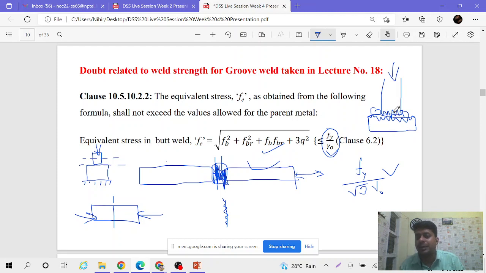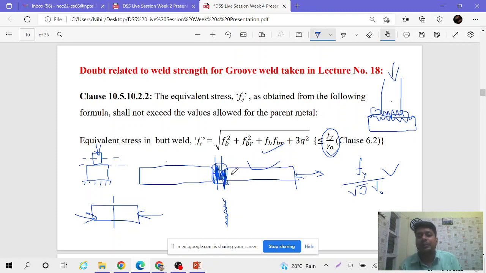So some portion of the load is going to transfer through bearing also, but we are taking it as the smooth, ideal case, and we are assuming there is a gap, and we are designing this fillet weld according to that.